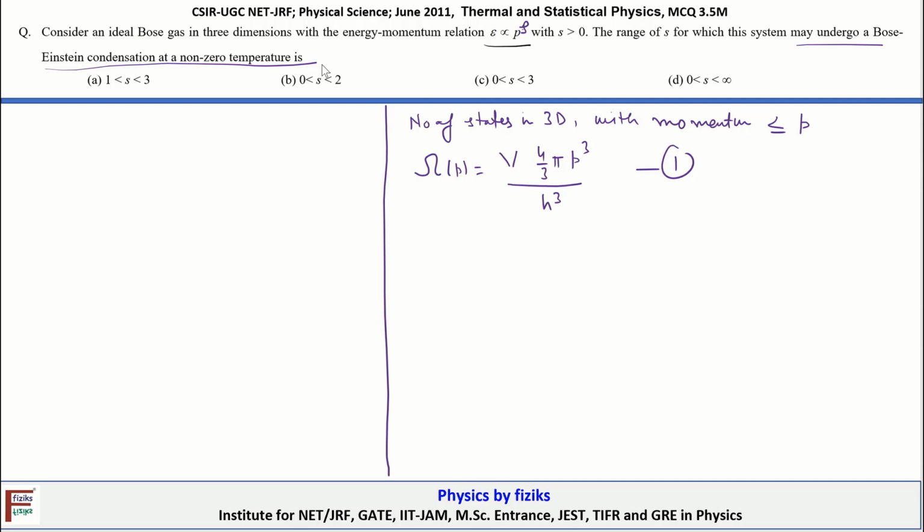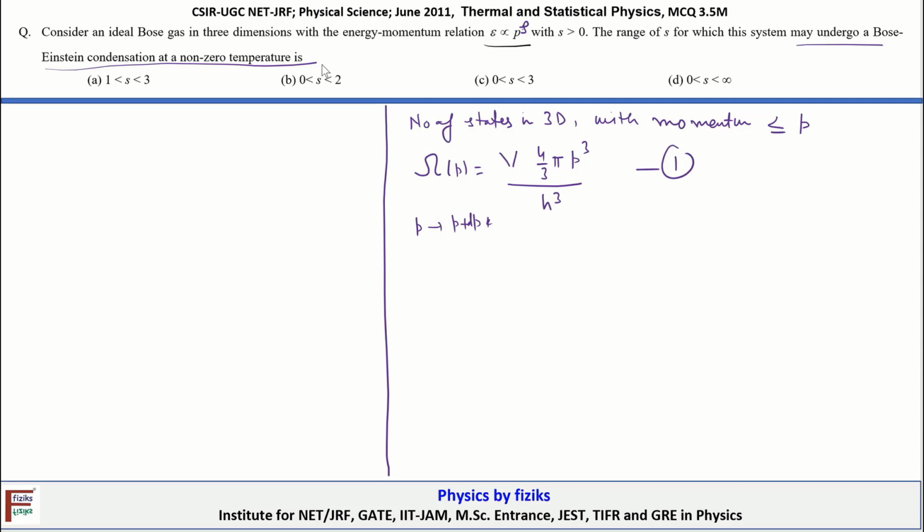Now similarly, the number of states in the range from p to p plus dp. We are doing this exercise because we want to determine the number of particles in all the excited states except the ground state of the bosonic systems, and for that purpose we need to know the density of states.